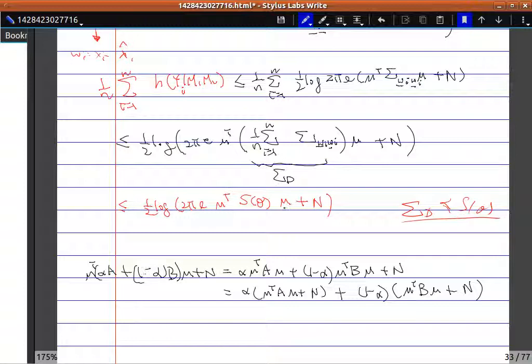Oh, by the way, log is concave, and in terms of sigma, mu transpose sigma mu plus n is a linear function. So therefore, concave of linear is concave. Here, I just want to show that that thing is linear.